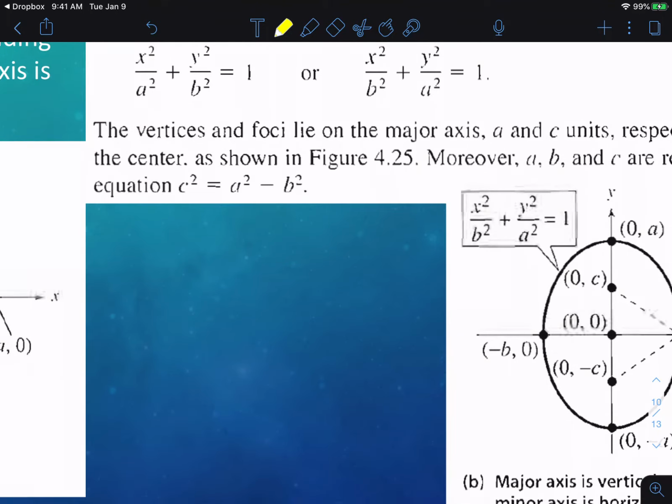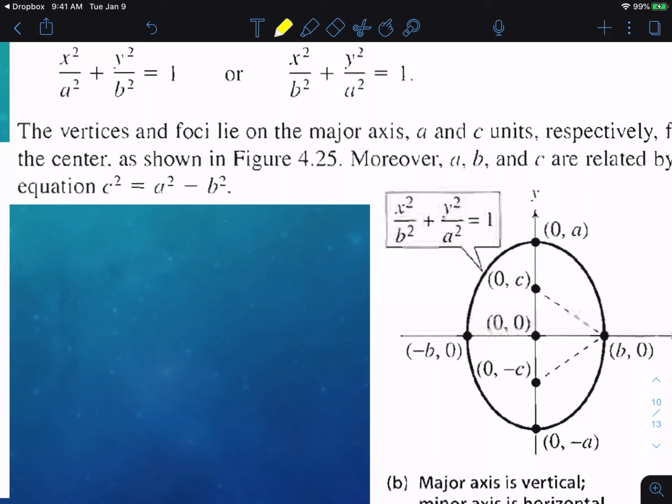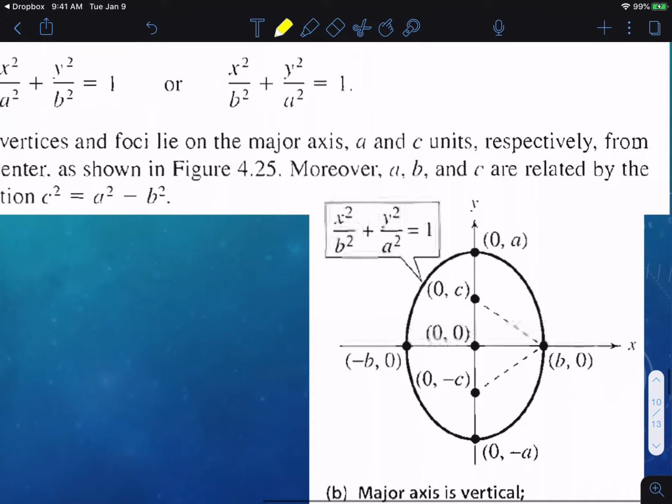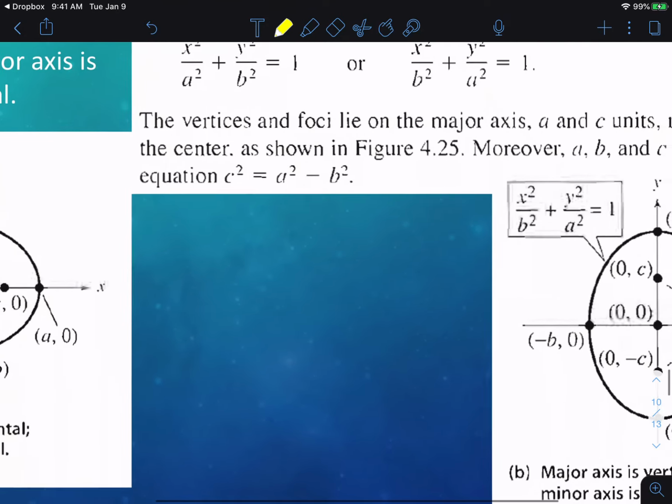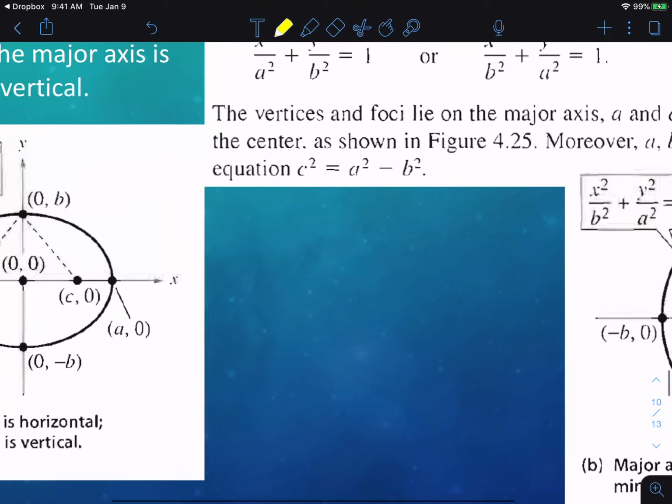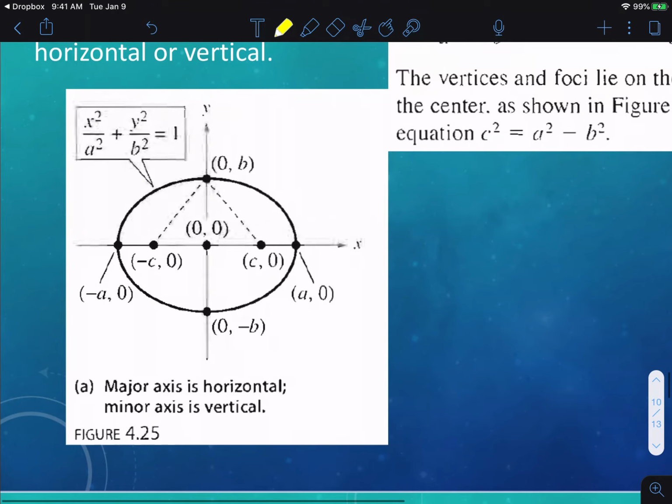The vertices and the foci lie on the major axis, a and c units, respectively, from the center, as shown in figure 4.25. So here's figure 4.25. The distance from the center to the focus is c. The distance from 0 to the vertex is little a.